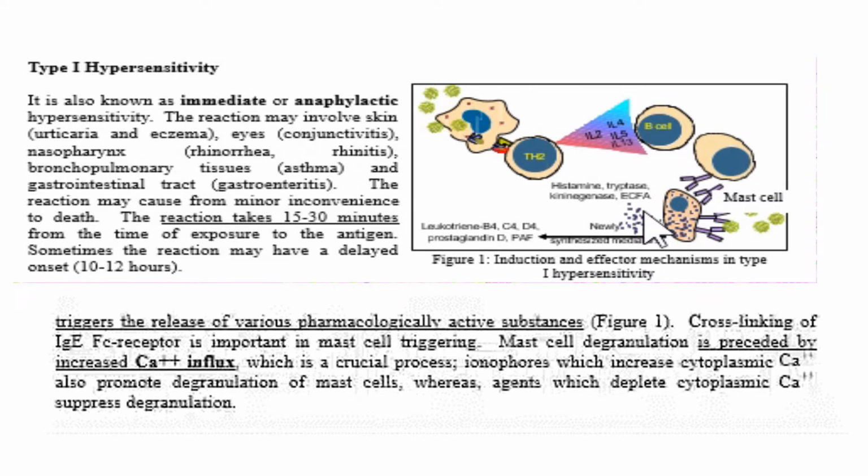A biopsy of the reaction site demonstrates mainly mast cells and eosinophils. The mechanism of the reaction involves a preferential production of immunoglobulin E in response to certain antigens, which are also called allergens, as shown in figure 1.